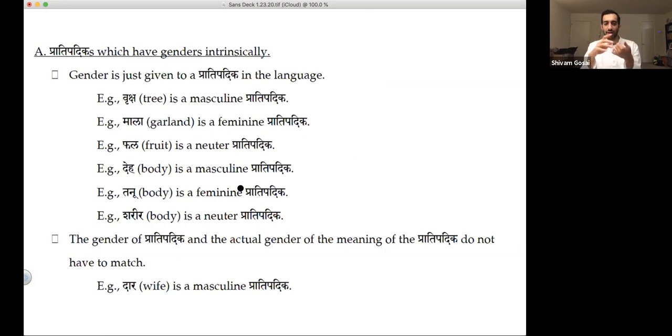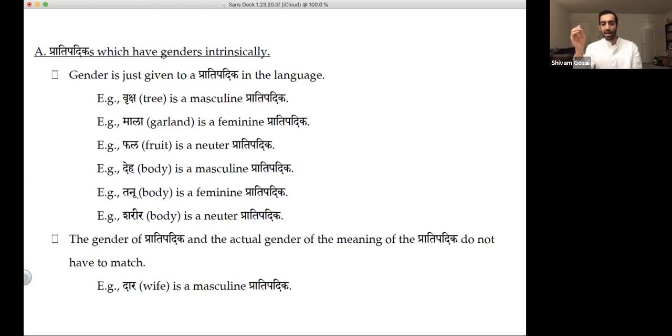So vriksha, tree, is a masculine pratipadika. Mala is a feminine pratipadika. Phala, fruit, is a neuter pratipadika, etc. So all of these words are naturally given a gender, and we don't need to think too much about why.